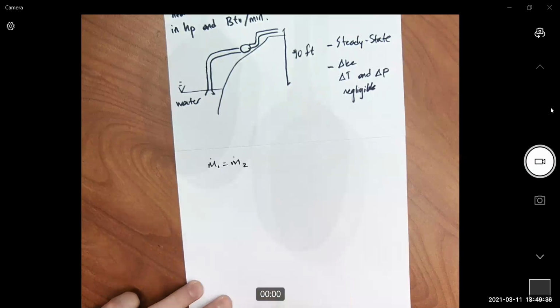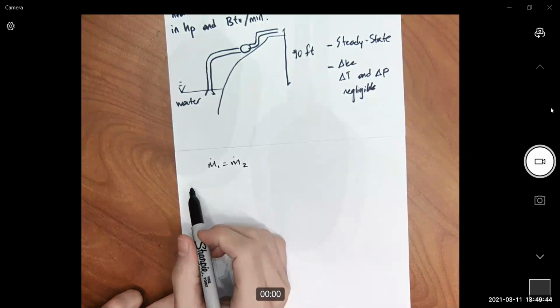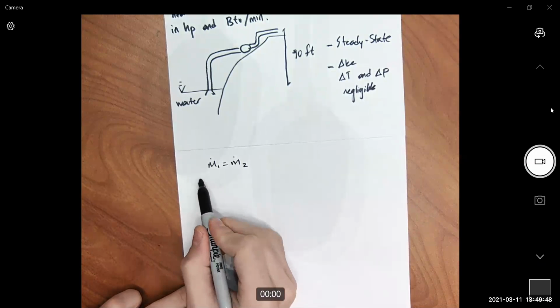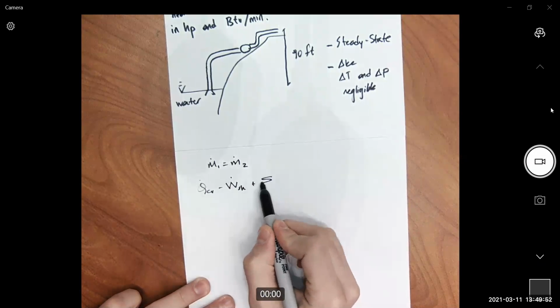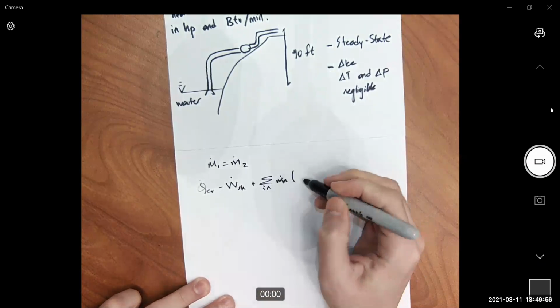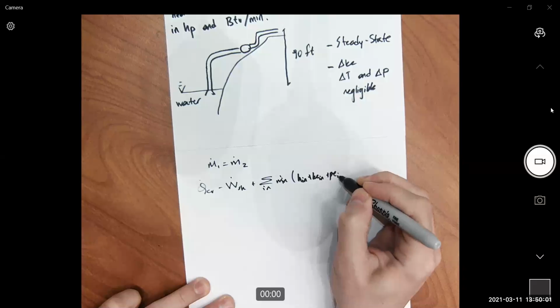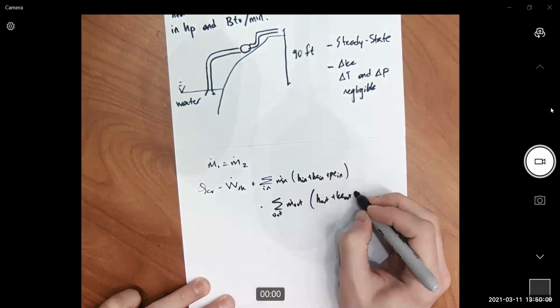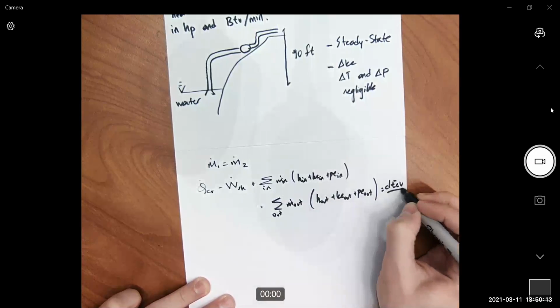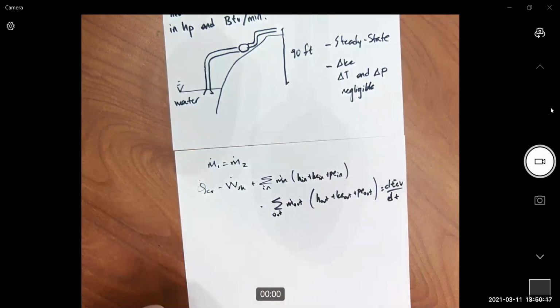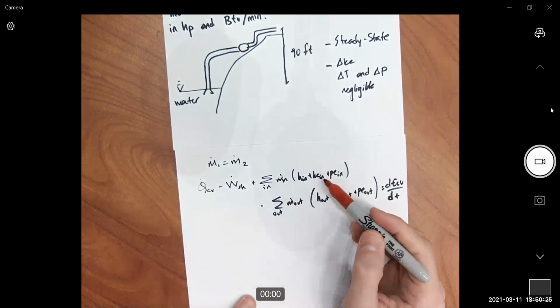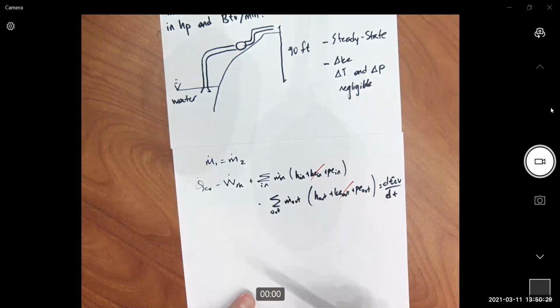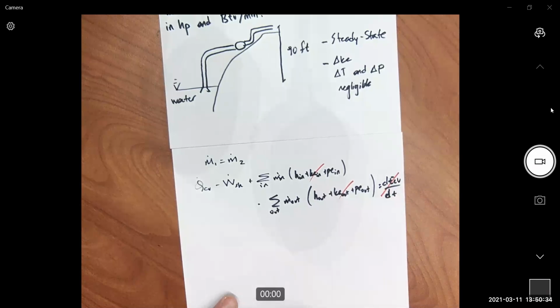So m1 equals m2, my conservation of mass. The energy balance is Q control volume minus work, equals m out h out plus kinetic and potential energy out, minus what comes in. Kinetic energy difference is 0.